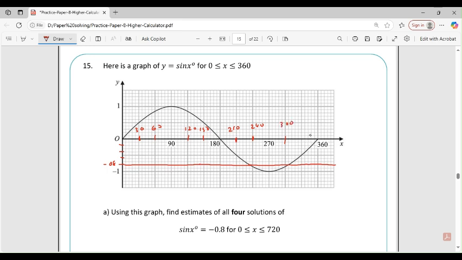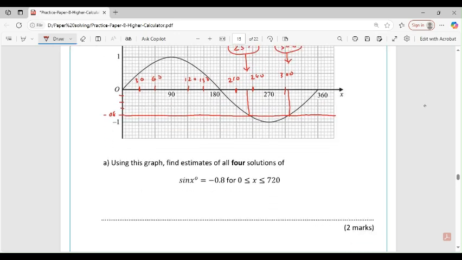Now, notice the point where it is touching this one and this one. These two values show you that this is 234 and the next value is going to be 306. So these are the first two values, but we need to find four solutions.